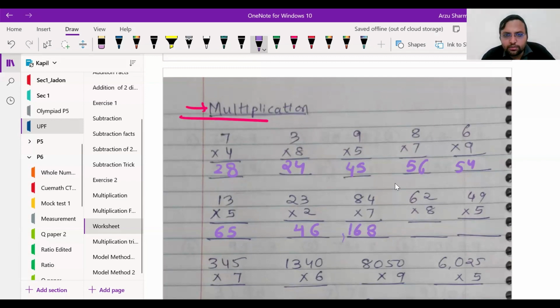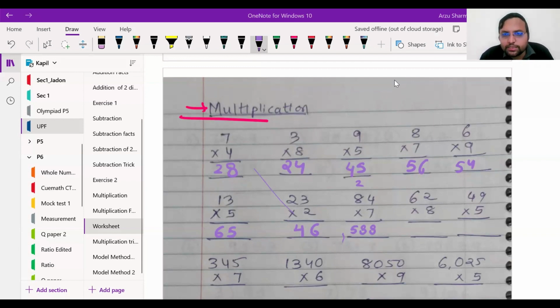Swastik, 84 times 7. Is it 168? It's 7, not 2. Yes, others, 84 times 7. Yes, Vihan, correct. Others, Sujal, Sharanya, yeah, Swastik.